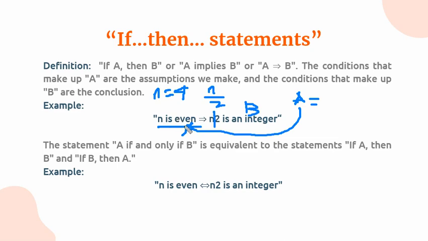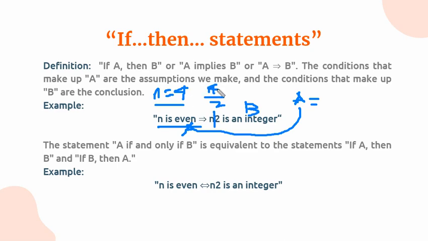Since N is even, we can say that it is among 2, 4, 6. It cannot be 3 or 5, because 5 is odd. So let's say N is equal to 4. We now have the value of N here.